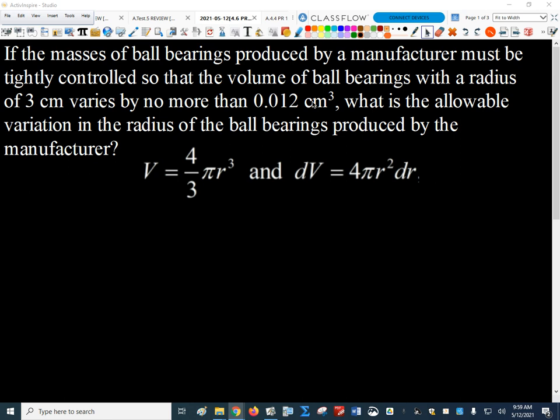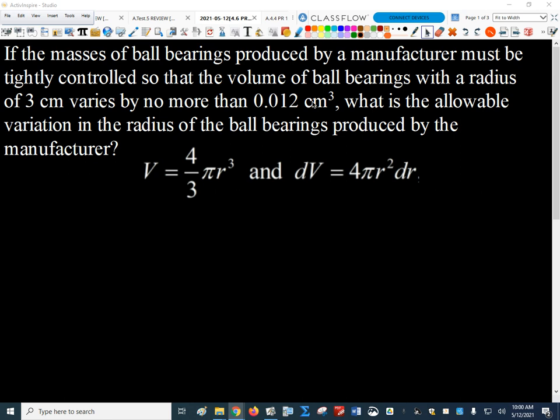So somebody raise your hand and tell me, what am I trying to find? I'm trying to find the allowable variation in the radius. What's that going to look like in terms of a variable? R is the radius. What's the variation in the radius? It's dr, isn't it?